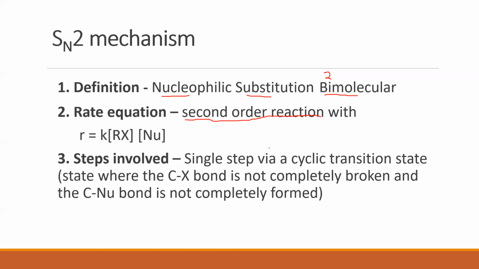I will not spend time on that right now because that needs more time. When you understand that in chemical kinetics, we can immediately apply it in SN2 and SN1, of course. Now, second order, where the rate equation is written like this: R is equal to K into concentration of RX into concentration of nucleophile.